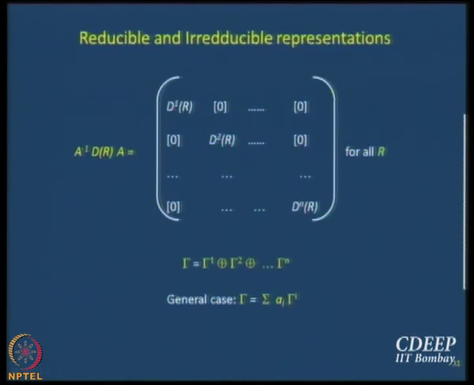A reducible representation is a linear sum of smaller representations, and generally we take these gamma i's to be irreducible representations. So, what we say is that a reducible representation can be written as a linear sum of irreducible representations. Just remember that when I say linear sum here, I mean that I am doing block addition, I am not just adding up matrices just like that. Okay. So, this is the definition of reducible and irreducible representation.